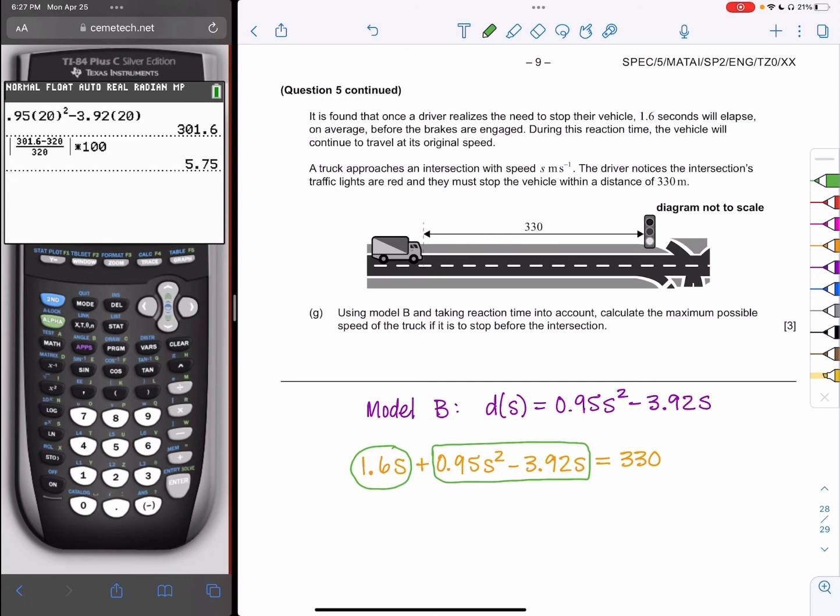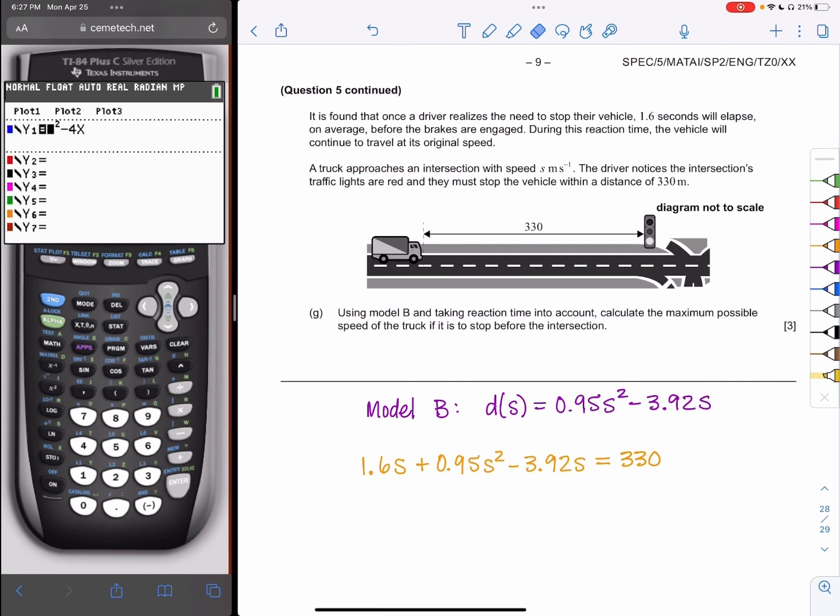So I need to solve this equation. I'm going to enter the left side in Y1 and the right side in Y2. So I'm going to have 1.6x plus 0.95x squared minus 3.92x, and I want it to be equal to 330. And then I'm going to press graph.